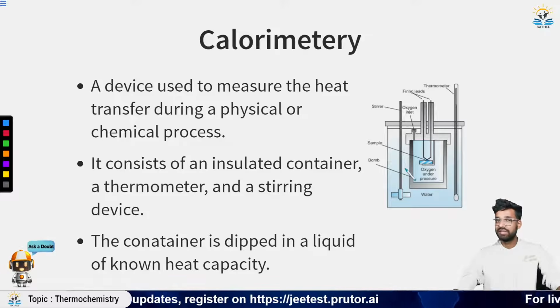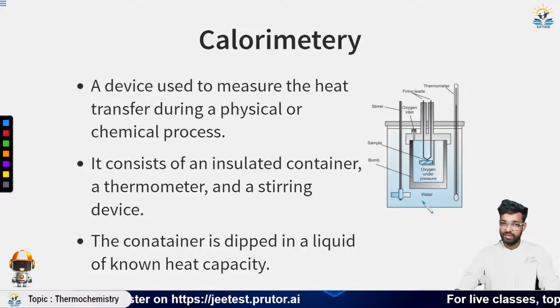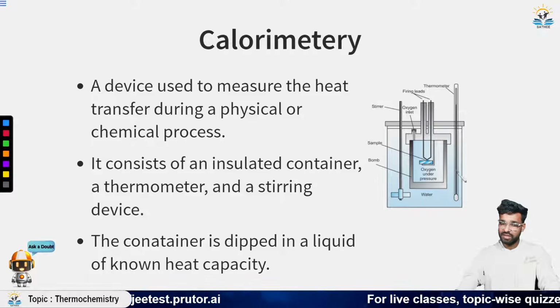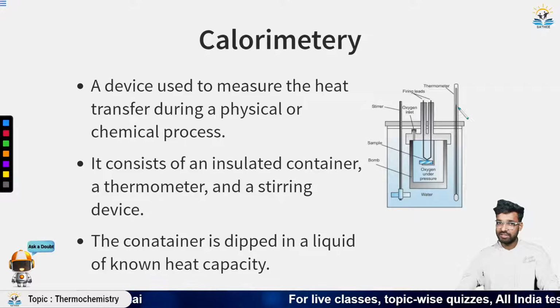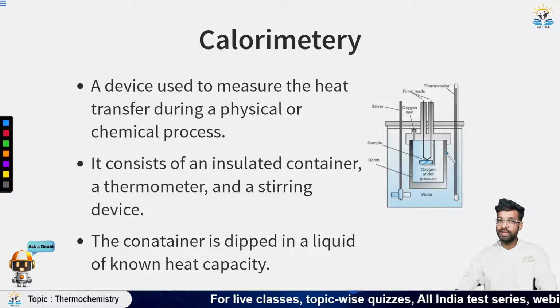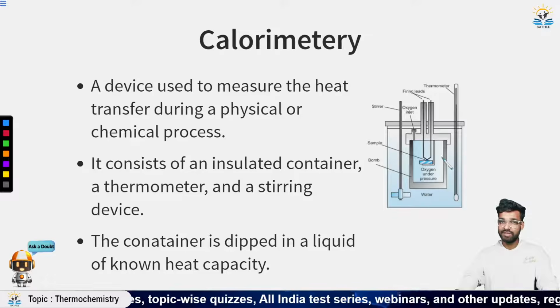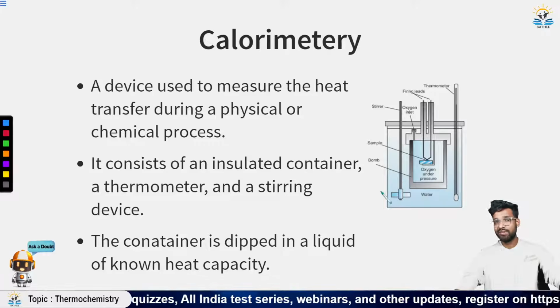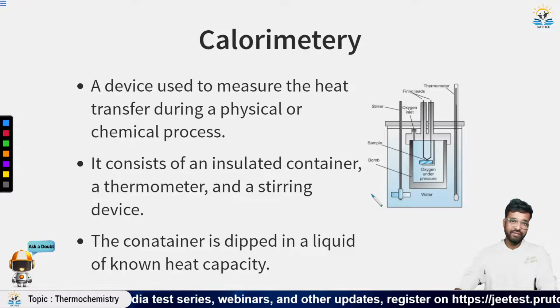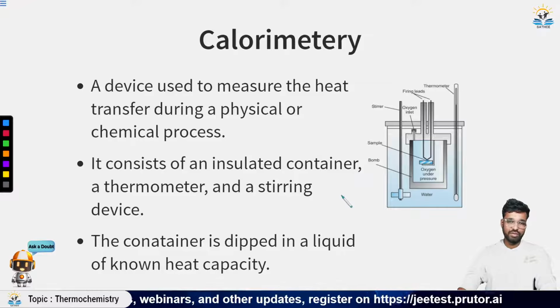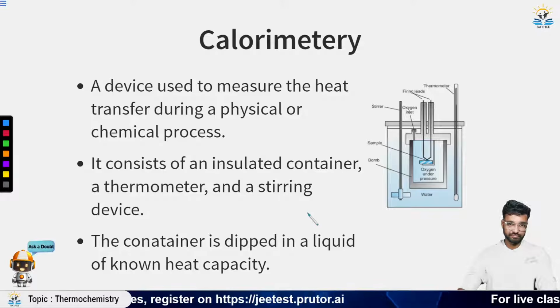This will gradually increase the temperature of the water or the liquid, and we will note down the final temperature. So we have the initial temperature, we have the final temperature, that is, we have the temperature change. Now we will see how we will use it to find the enthalpy change or the internal energy, the different kinds of parameters.